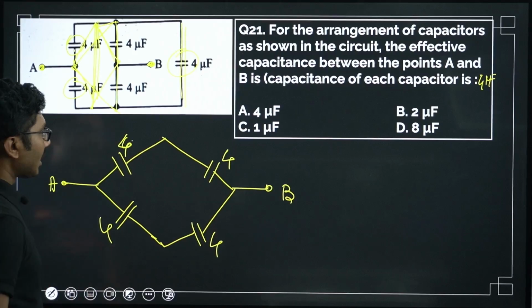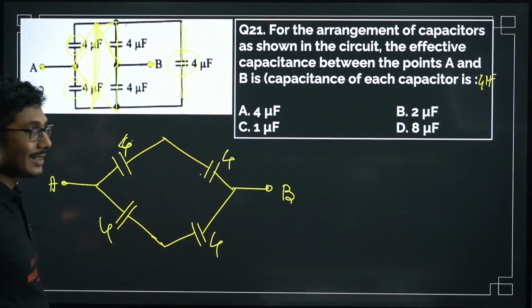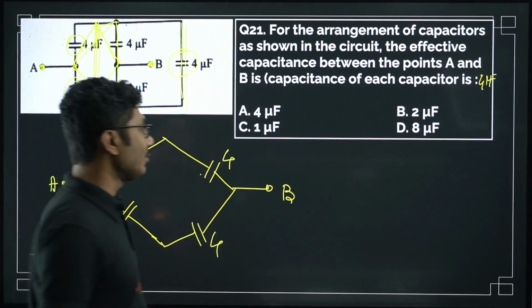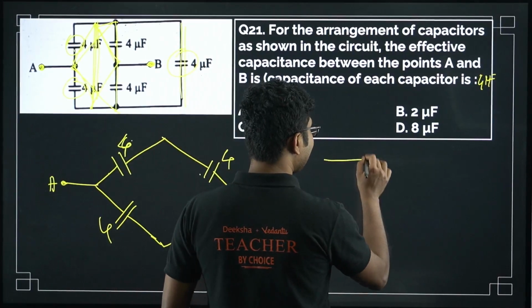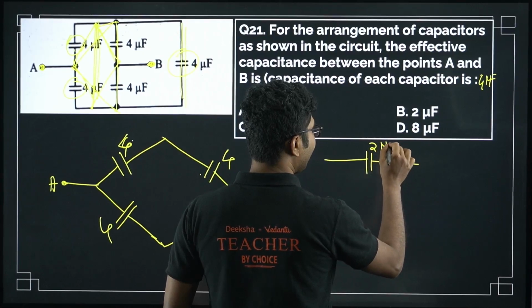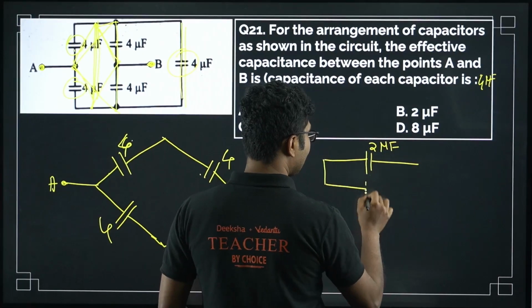Okay, so now we see that this 4 and this 4 are connected in series. This 4 and this 4 are connected in series. So two equal capacitances connected in series, the value is half. So 2 microfarad and again another 2 microfarad.